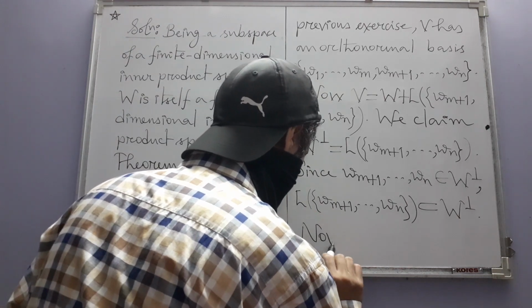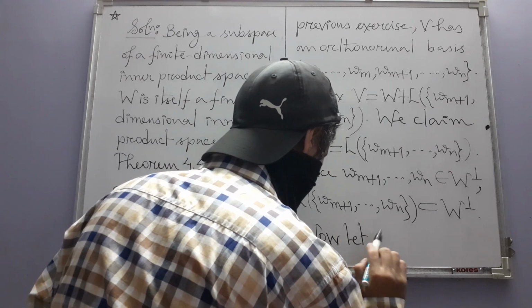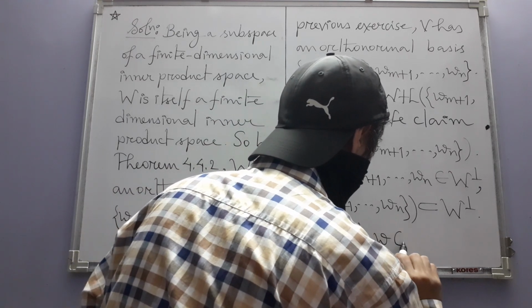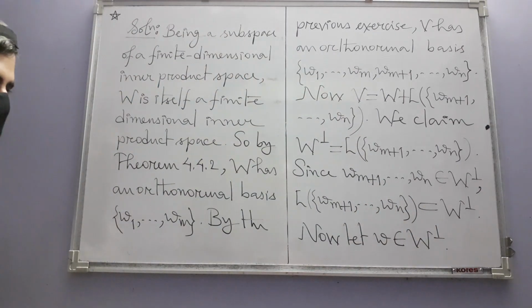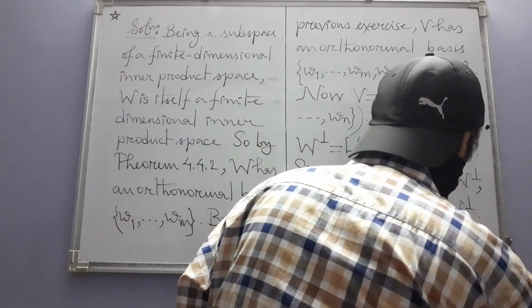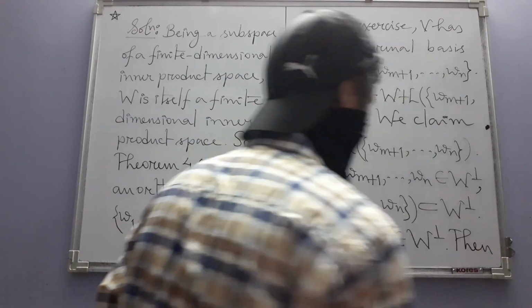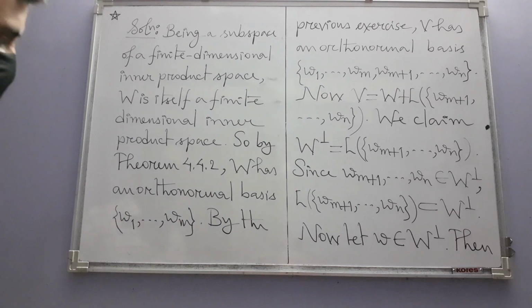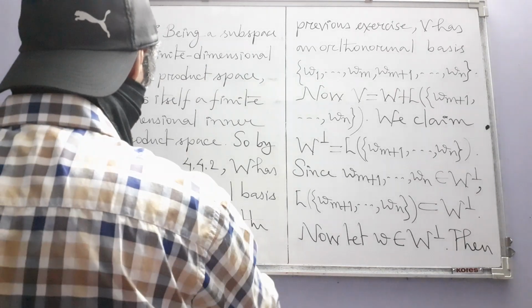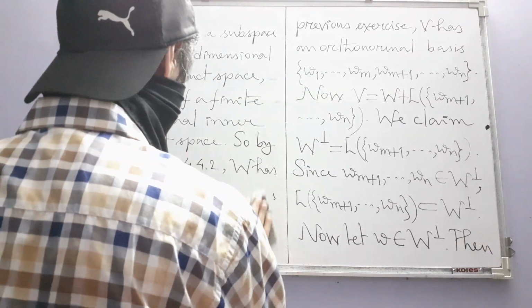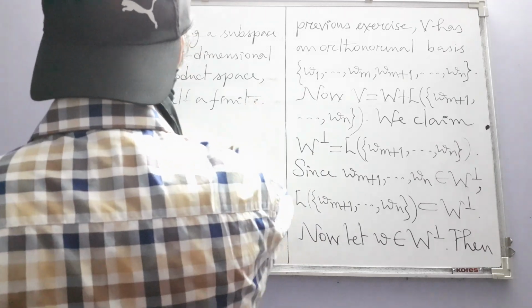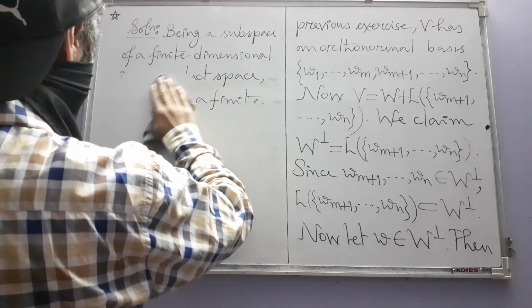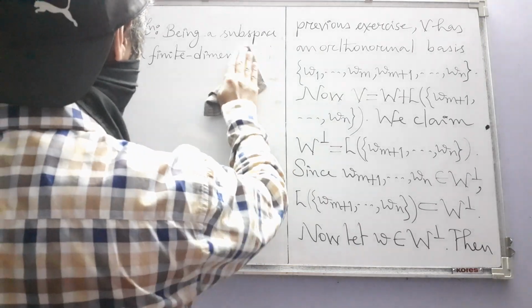Now let W be any vector in W perpendicular, the orthogonal complement. Then we immediately can write something.